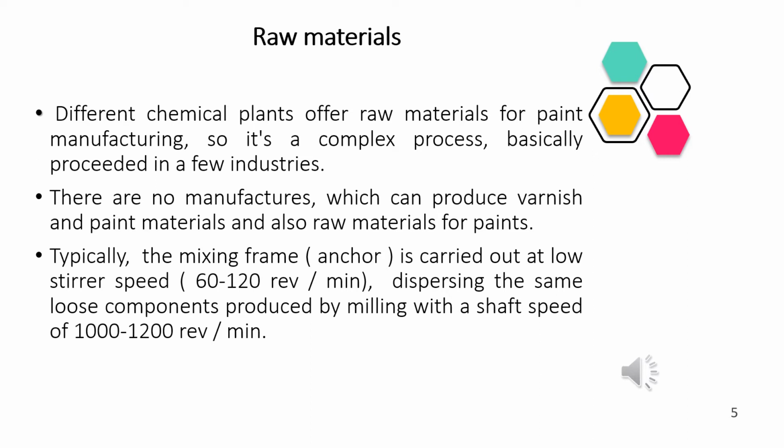So for the production of paints, different raw materials are required, and different chemical plants offer different raw materials for the manufacturing of paints.